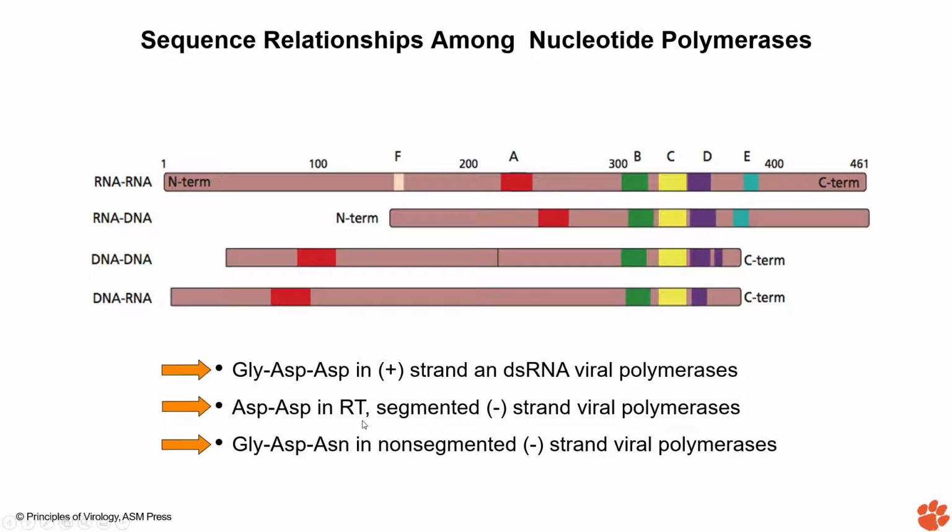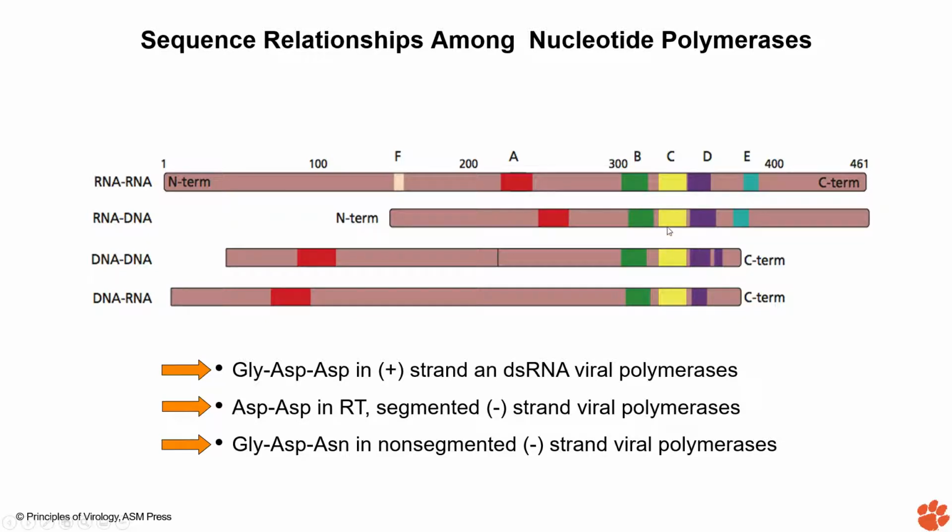Whereas in the reverse transcriptase, which we are not going to discuss here, you don't have the glycine, but you have two aspartic acids. We are going to see that in the last chapter of this module. On the other hand, in the non-segmented negative-strand viral polymerases, you have the glycine and aspartate conserved, but it is replaced by an asparagine at the third position.